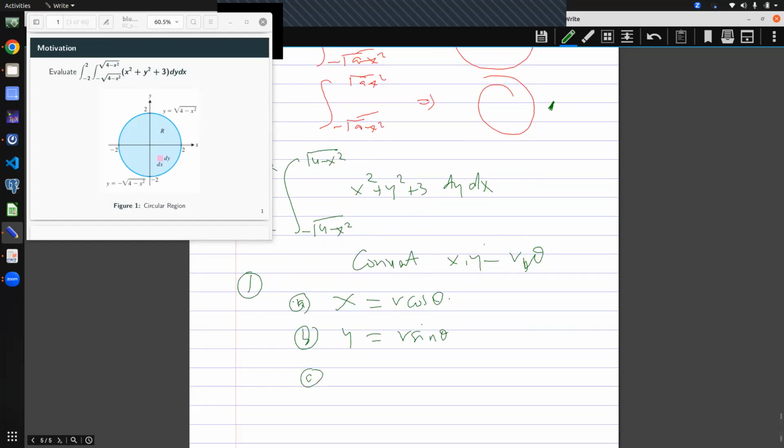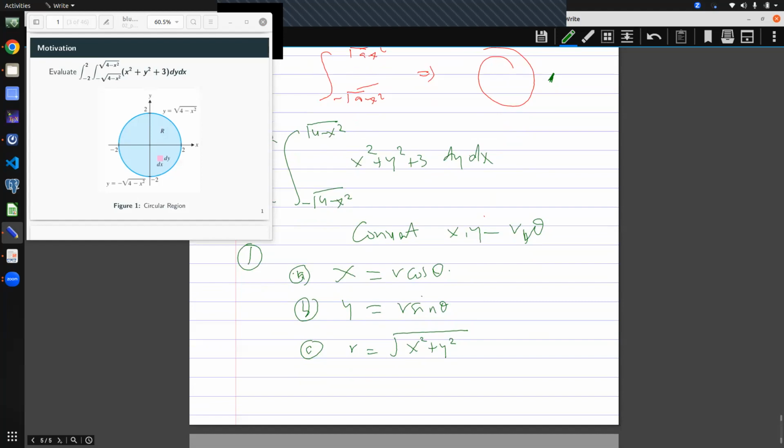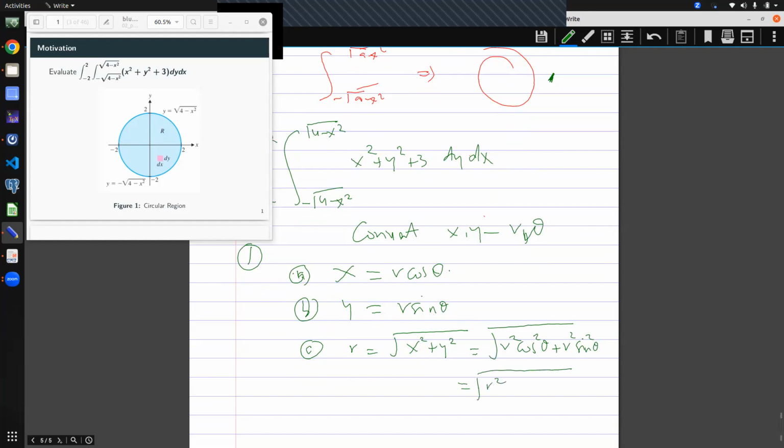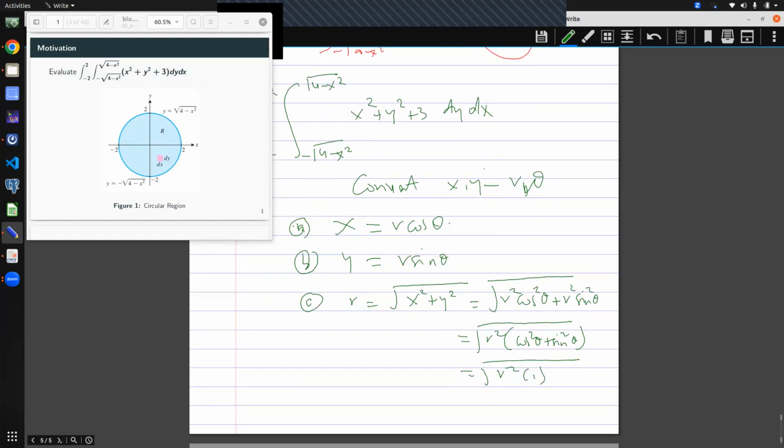And then, what is our r? R is given as the square root of x squared plus y squared. If I do a substitution, I have square root of r squared cos squared theta plus r squared sine squared theta. This gives me square root of r squared times cos squared theta plus sine squared theta. And you know from our trigonometry, cos squared theta plus sine squared theta is 1. And hence I simply have the square root of r squared as r.